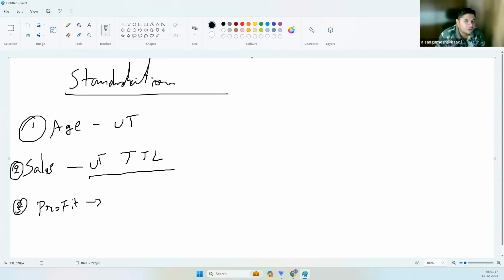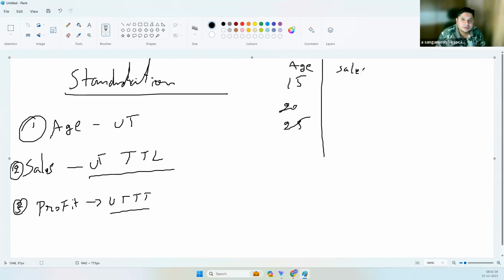Similarly, profit will be a little lower: units, tens, 1,000, 10,000. What I'm trying to say is that age is something like 15, 20, 25. But sales might be 1 lakh, 10 lakh, 15,000, 10,000.